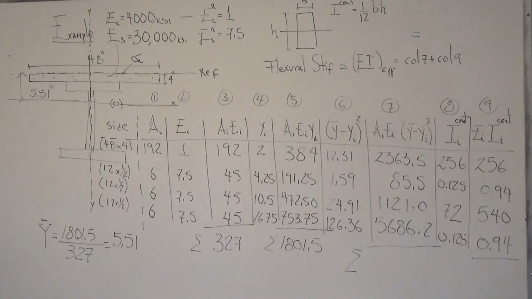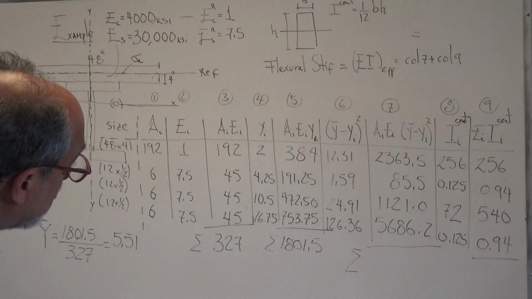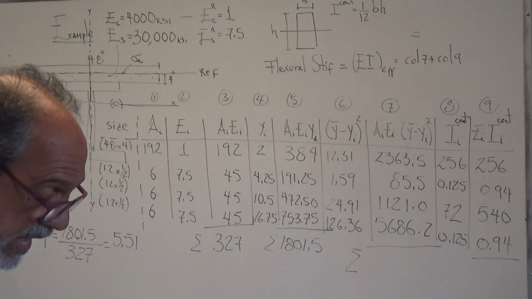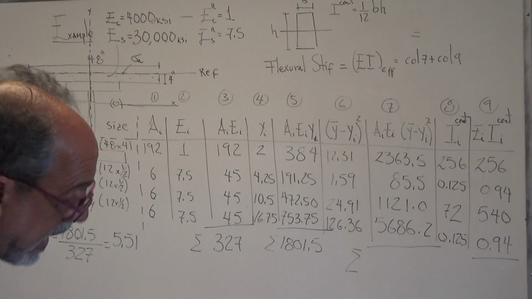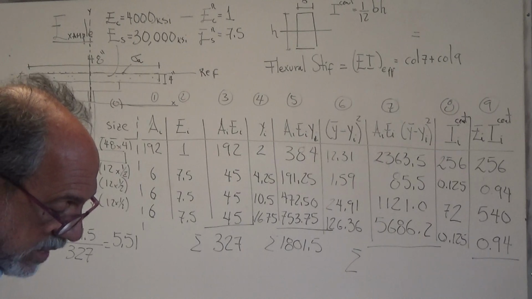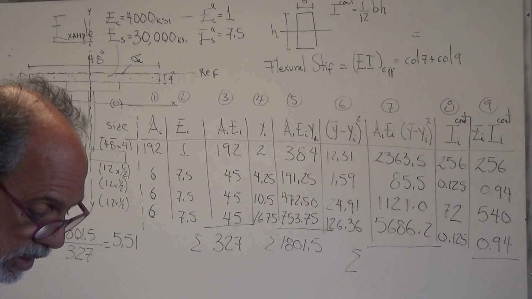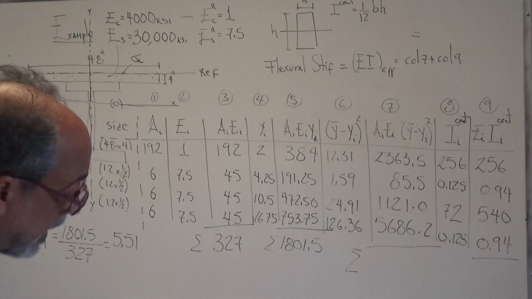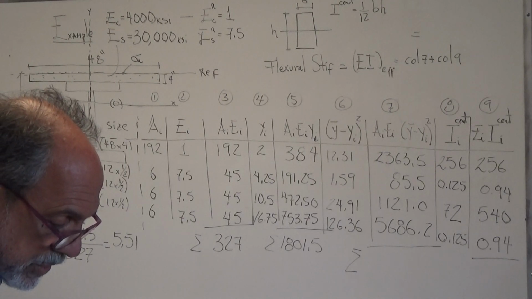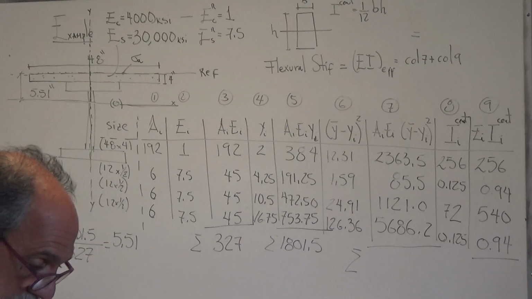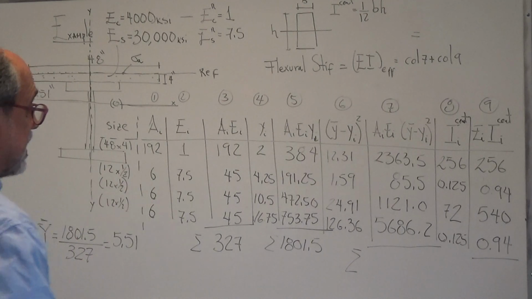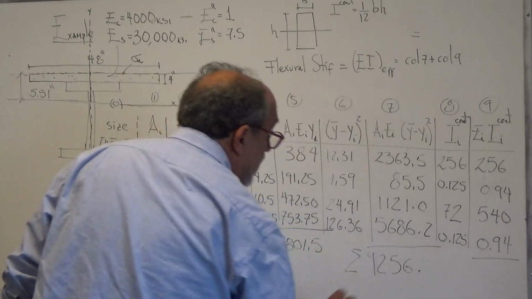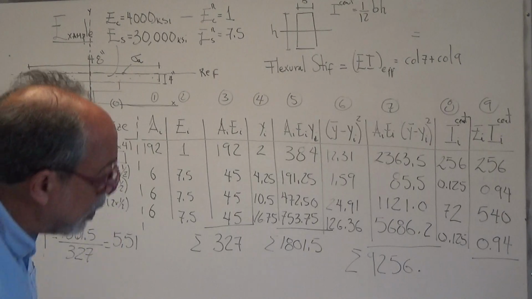So if we sum column 7, we have 2,363.5 plus 85.5 plus 1,121 plus 5,686.2, and that adds to 9,256.2.